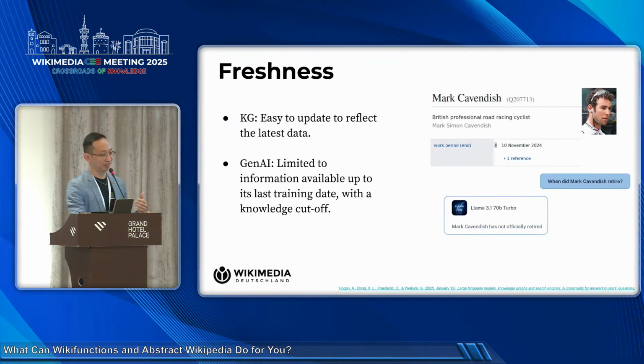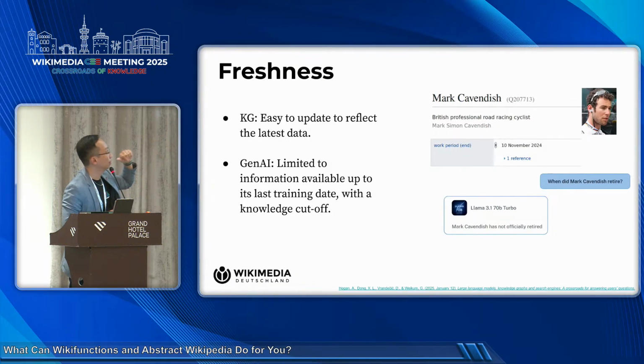So freshness. Knowledge graph is easy to update to reflect the latest data, whereas Gen AI is limited to information available up to its last training date, its knowledge cutoff. In these examples, the question asked to Llama 3.1.7 was, when did Mark Cavendish retire? The response was, Mark Cavendish has not officially retired.